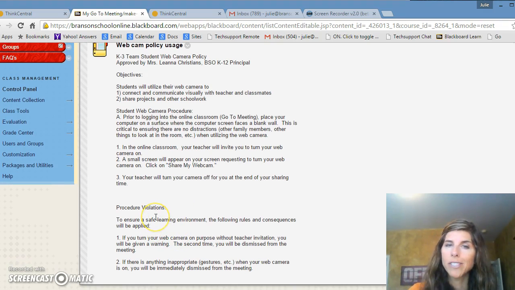And then there's some procedure violations here, and I've never had this problem, but there are some circumstances where some teachers have had, if they turn their webcam on, because it can be distracting, and everyone wants to have their webcam on, believe me. So they're just asked to turn it off first time and second time.